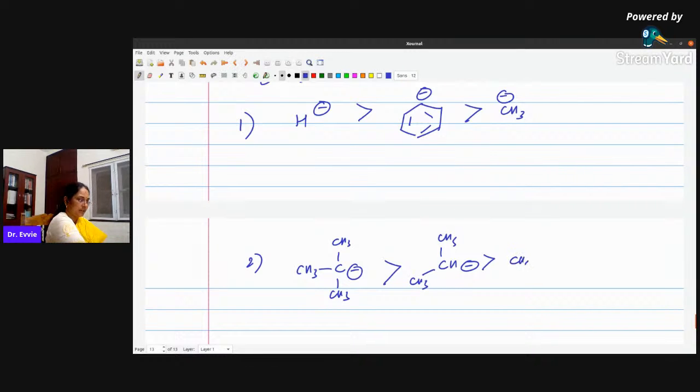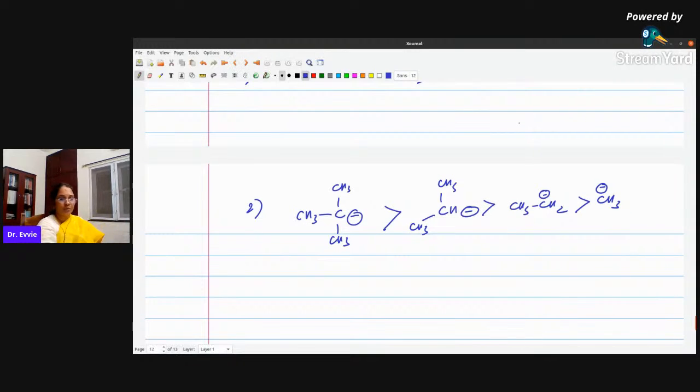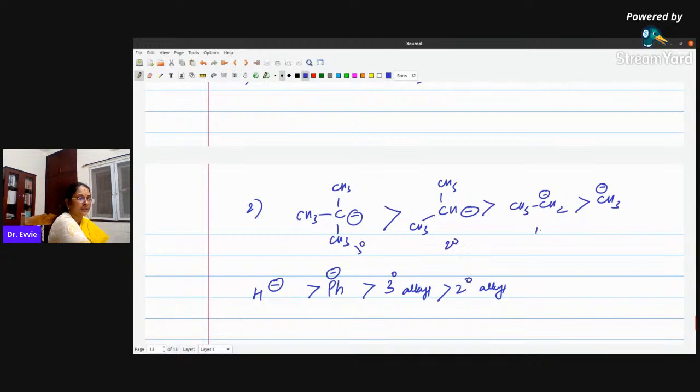Then it will be CH3, CH2 minus, then CH3 minus. If I put these two together into one order of migratory aptitude: H minus, then Ph minus, then tertiary alkyl, then secondary alkyl, then primary ethyl, then primary methyl.